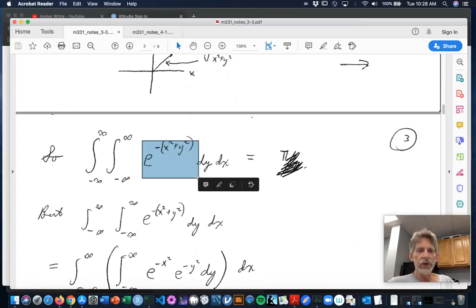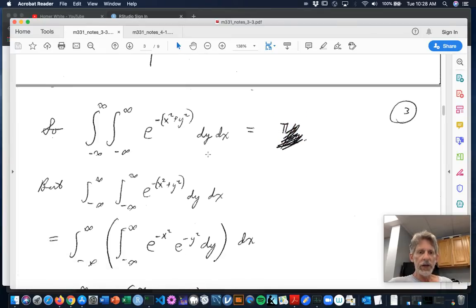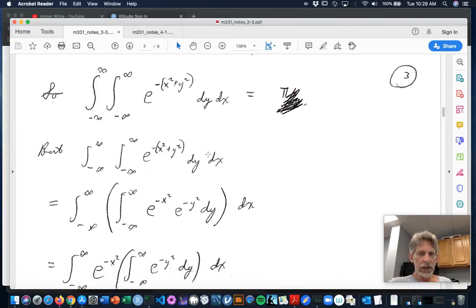And what you want to do is get the volume underneath that curve over the plane. So we've got to find what we call a double integral here. And we know that it's pi because we've already found this volume, but I'm going to just find the volume another way, okay?